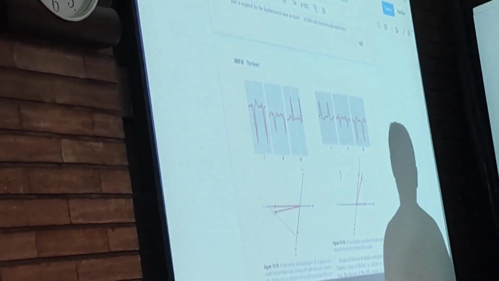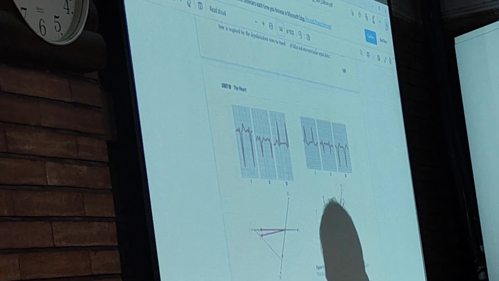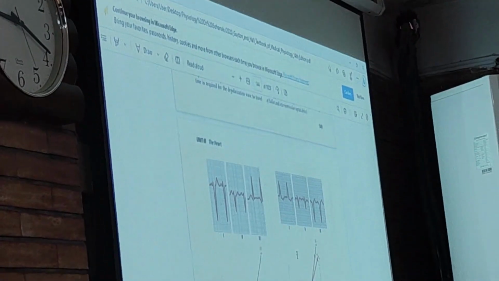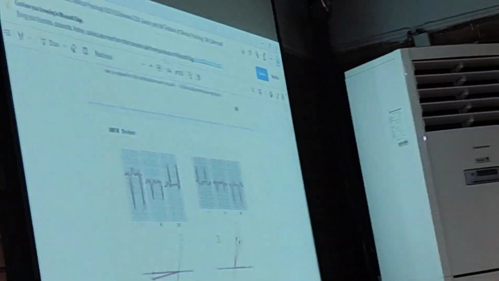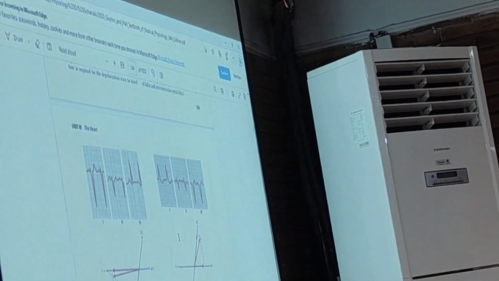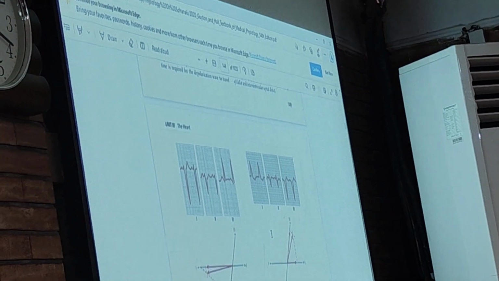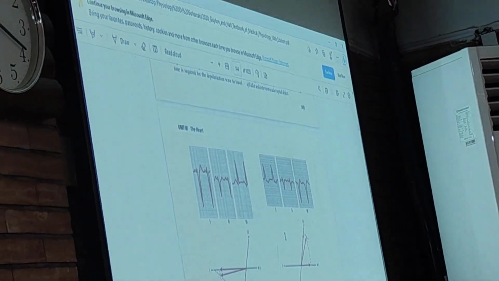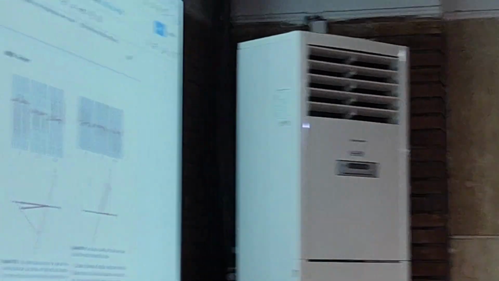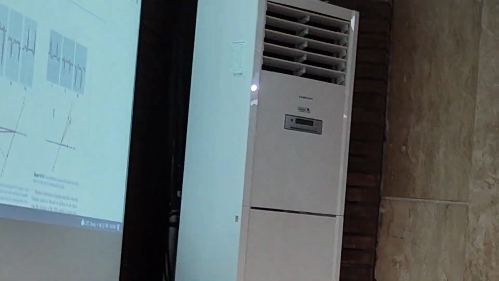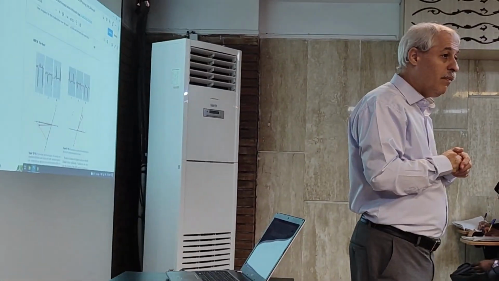If the speed of the electrocardiographic roller is 25 millimeters per second, which is the standard speed, then each small square is equal to 0.04. 5 small squares make the middle-sized square. 5 times 0.04 equals 0.2.